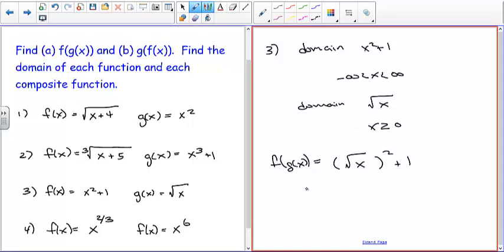So I'm going to write the domain before we simplify it. The domain is going to be that x has to be greater than or equal to 0. We could simplify it down to x plus 1. If I graphed this versus that, they would look exactly the same for x greater than or equal to 0.